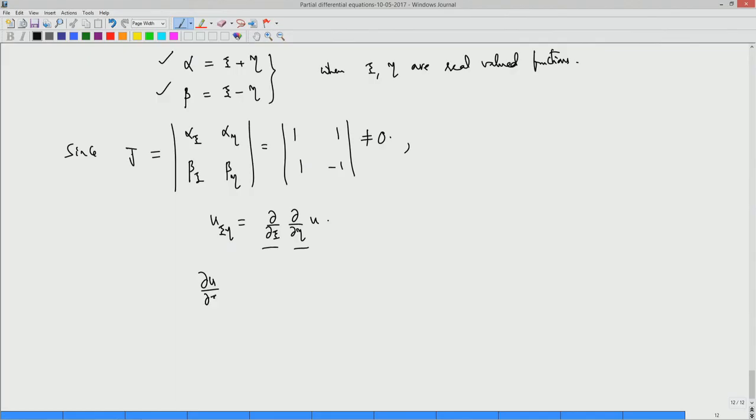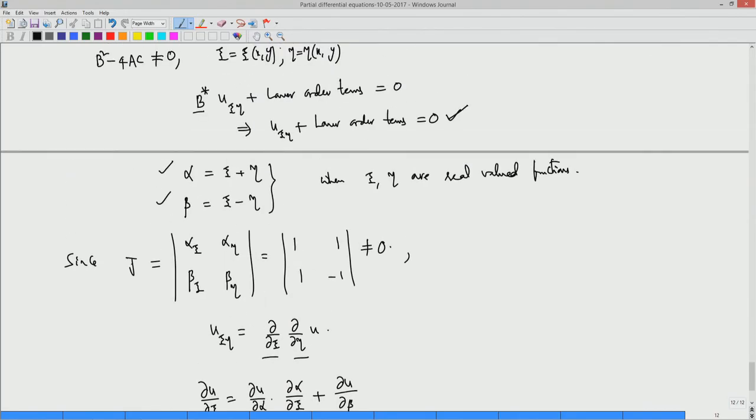Do u by do xi is actually do u by do alpha times do alpha by do xi plus do u by do beta times do beta by do xi, because u is a function of xi and eta now.